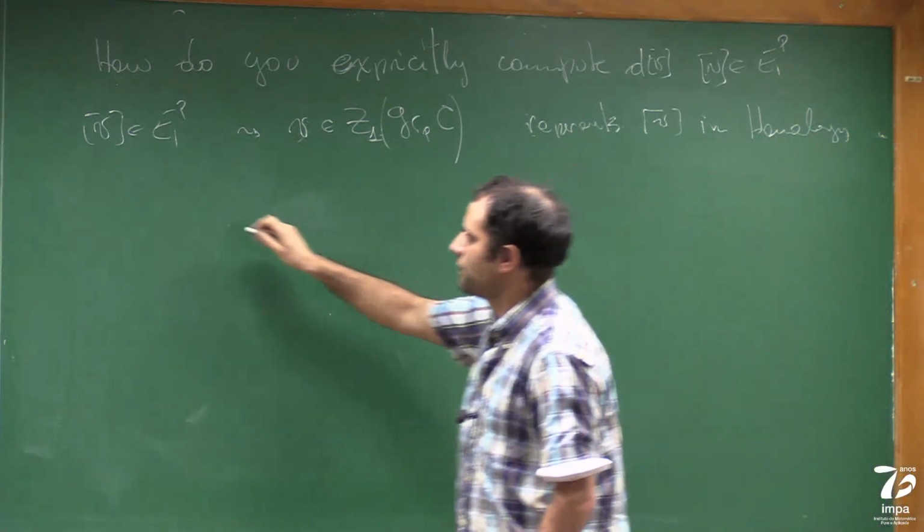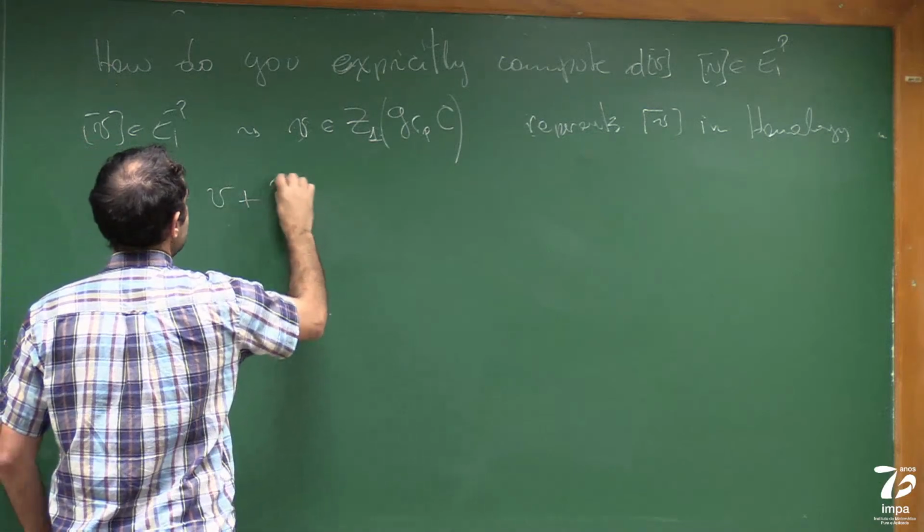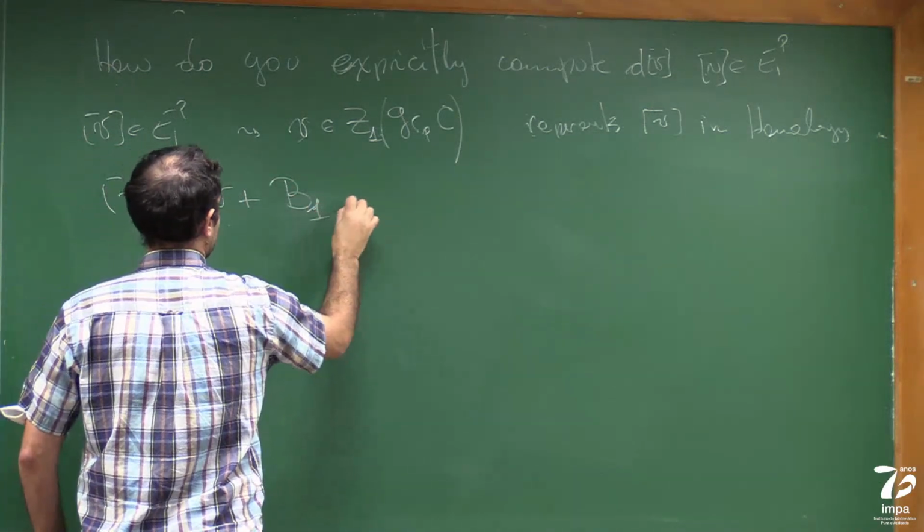In other words, this class v is equal to the class of w plus the image of the differential.